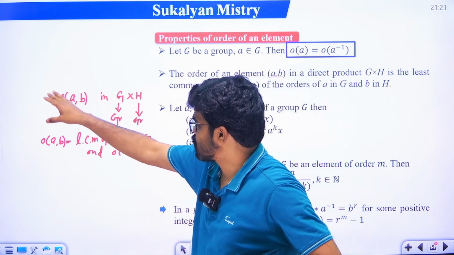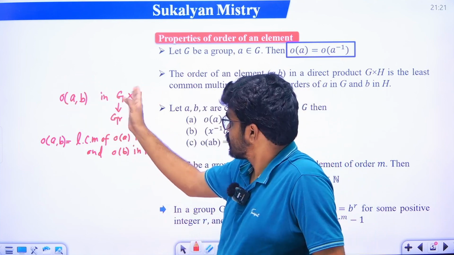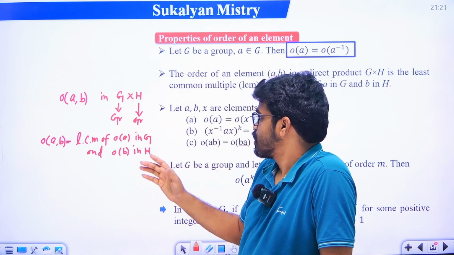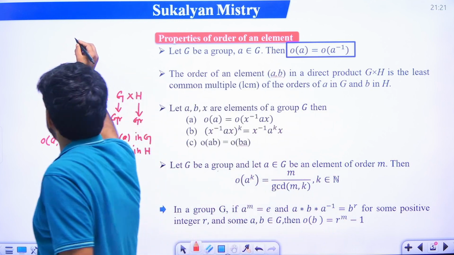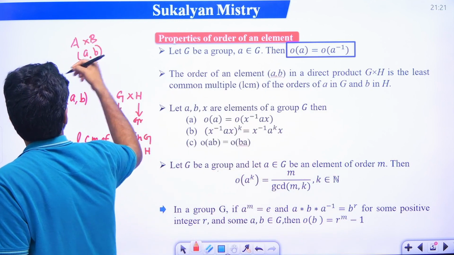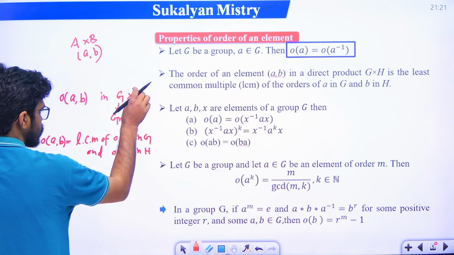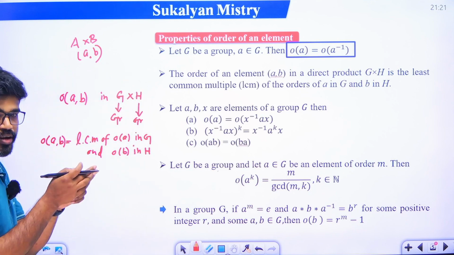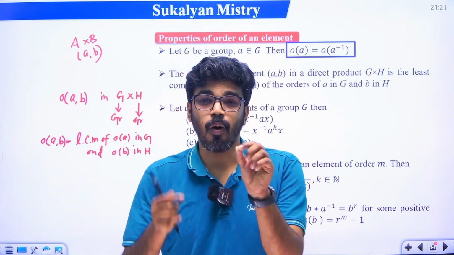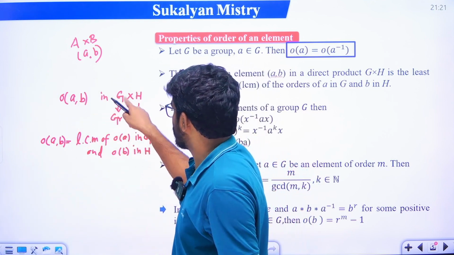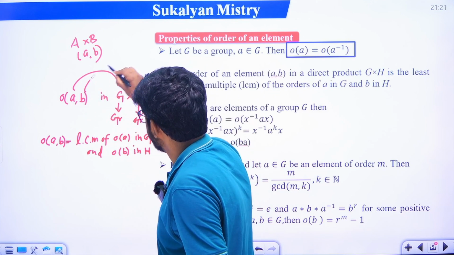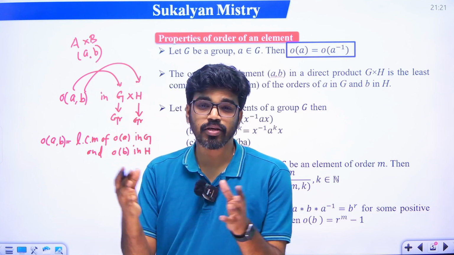We have to find the order of the element AB in the group G cross H, that is direct product, okay? ঠিক আছে, দেখো G, আমি যদি বলি কার্টেসিয়ান প্রোডাক্ট A ক্রস B, এর এলিমেন্টগুলো কি ফর্মে হবে? A, B ফর্মে হবে. G is a group, H is a group, so we have to find the order of an element AB in G cross H. So basically we have to find the order of A in G, order of B in H. Next we have to calculate the LCM.